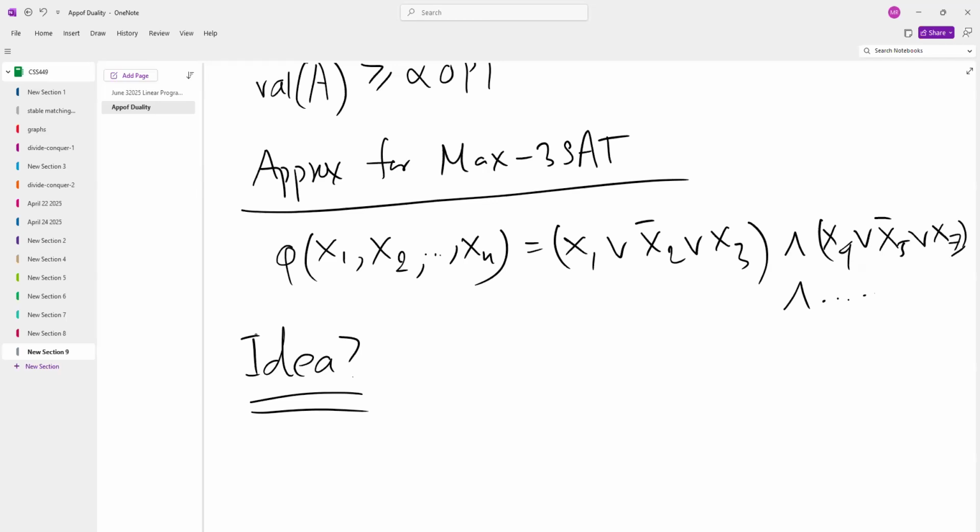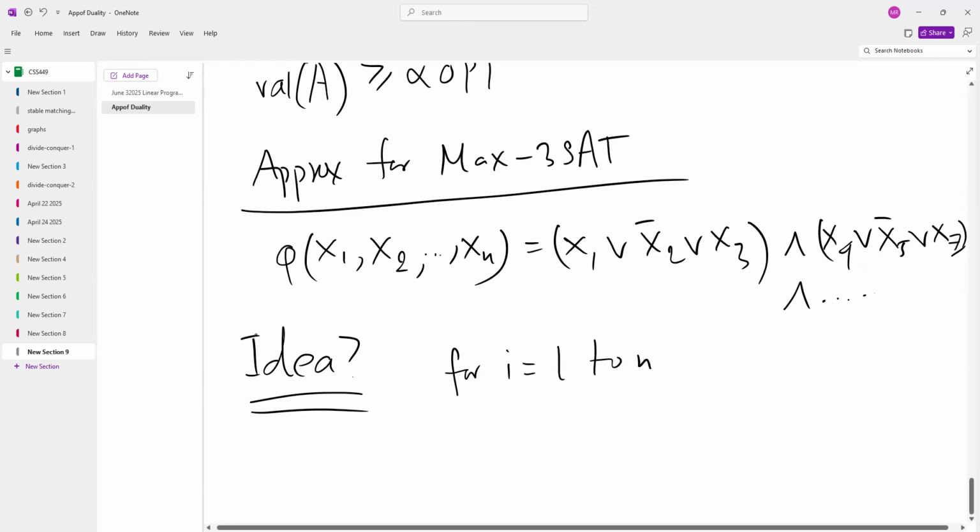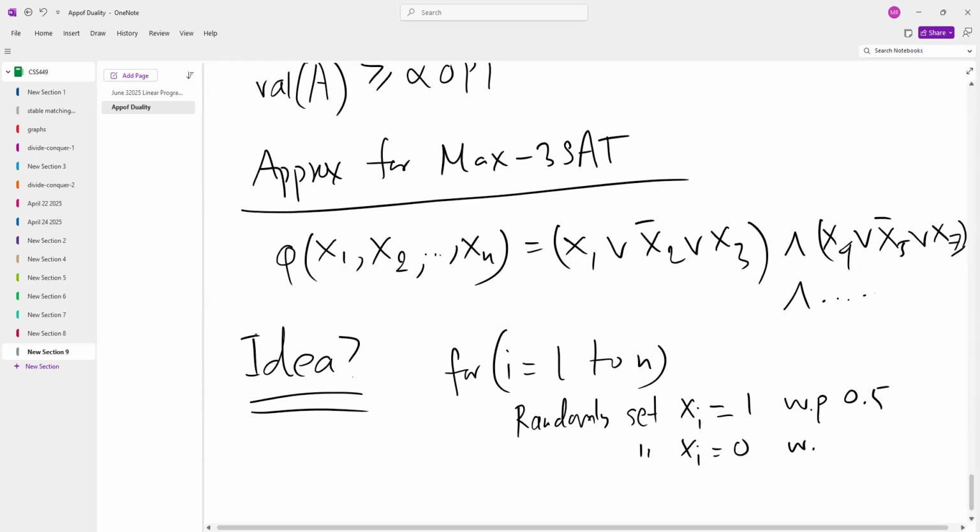Basically this is the algorithm: for i equal to 1 to n, set xi equal to 1 with probability 0.5 and set xi equal to 0 with probability 0.5.